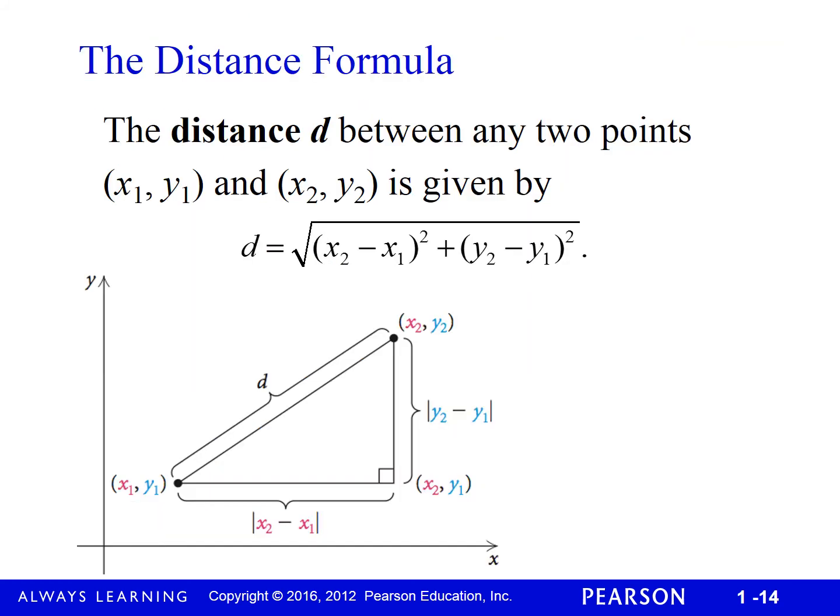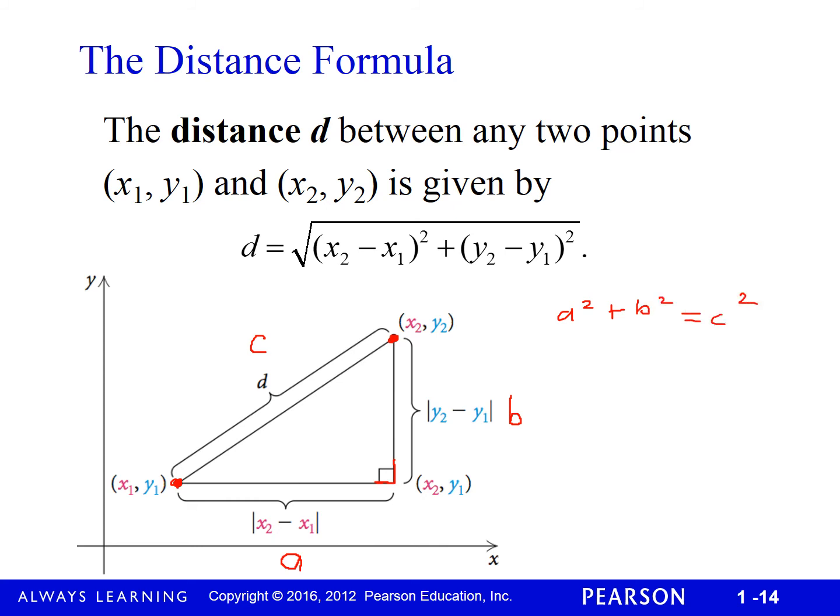The distance d between any 2 points, x1, y1, and x2, y2 is this. Okay. Now, if you are given 2 points like that, you could draw a right triangle. And if you have a right triangle, then the Pythagorean theorem is true, which says if you have a right triangle with leg lengths a and b and hypotenuse length c, then a squared plus b squared equals c squared.